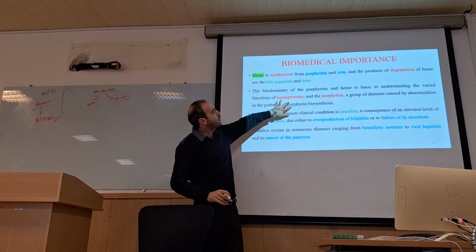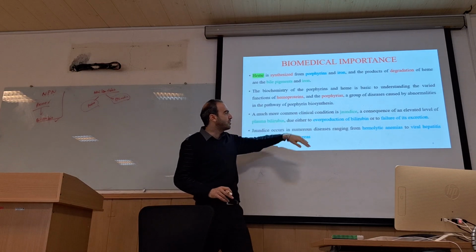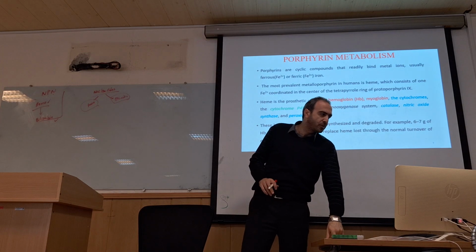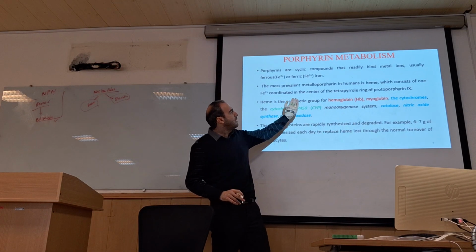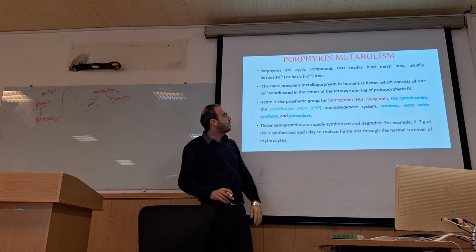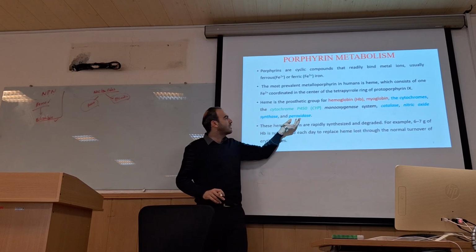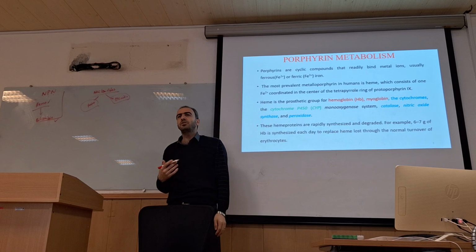Disorders of heme synthesis are known as porphyria. And as I mentioned, jaundice is due to the overproduction of bilirubin. Hemoglobin, myoglobin, cytochrome P450, catalase, nitric oxide synthase, and peroxidase are some examples of the enzymes and proteins that contain heme.